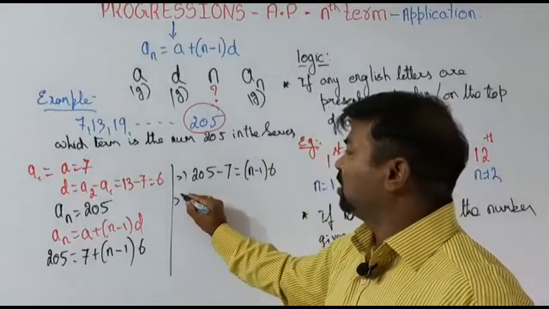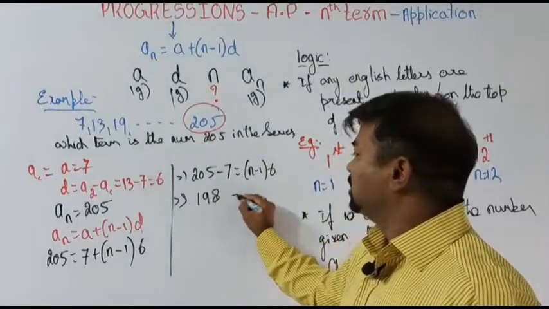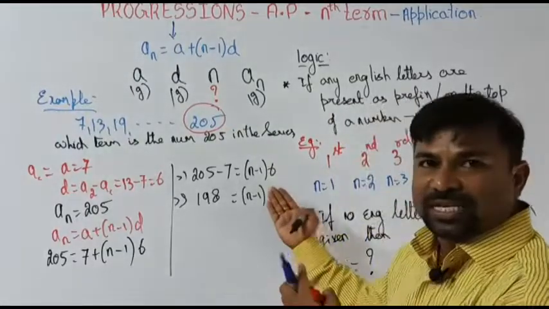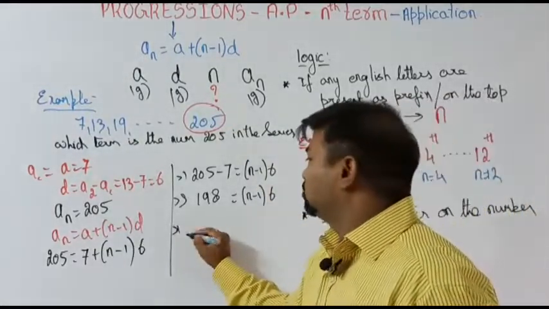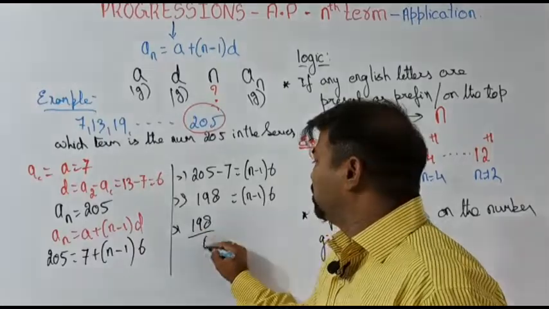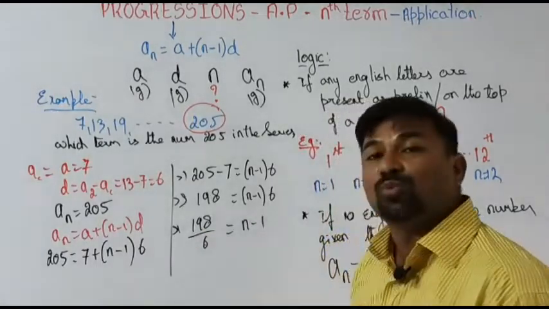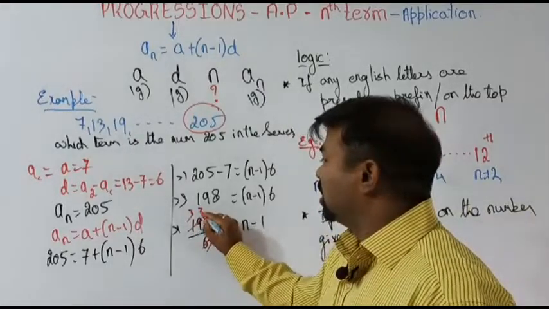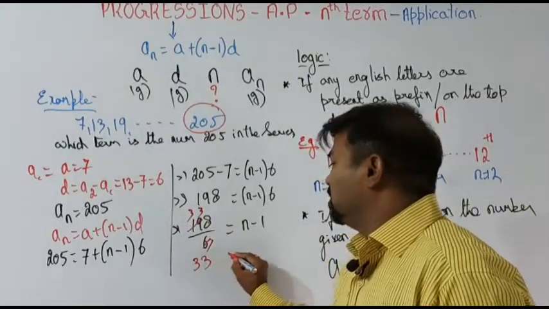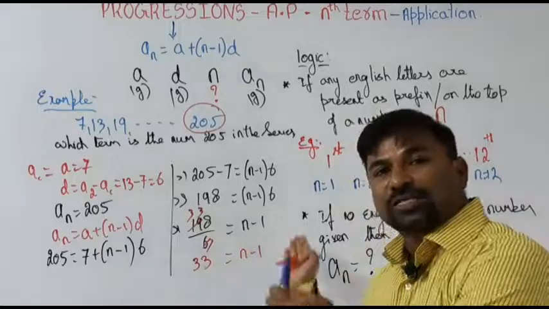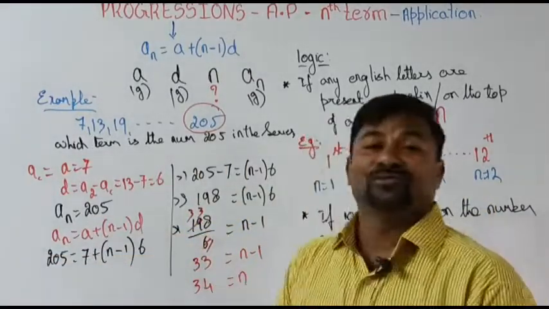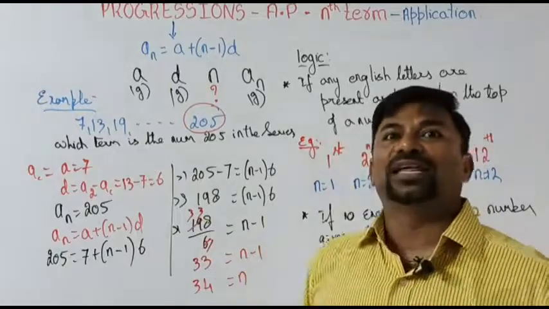That simplifies to 198 equals n minus 1 into 6. Moving the 6 to the other side, 198 divided by 6 equals n minus 1. 6 ones are 6, 6 threes are 18, again 3, so 33 equals n minus 1. Transposing 1 to the other side, it becomes 34. So we find the n value.